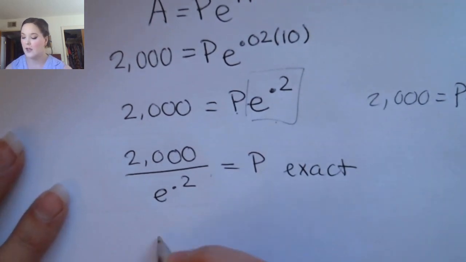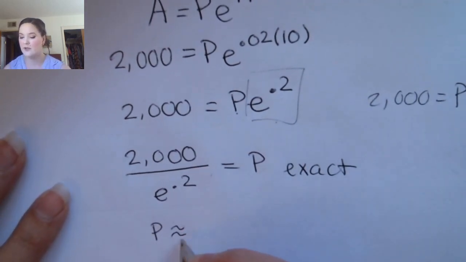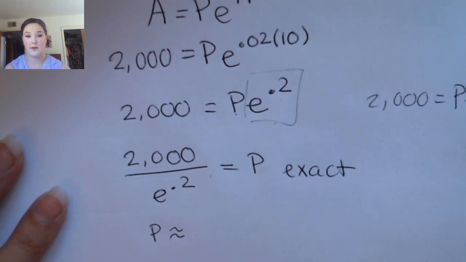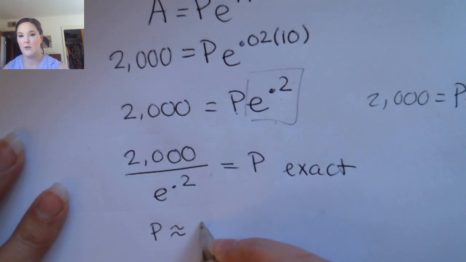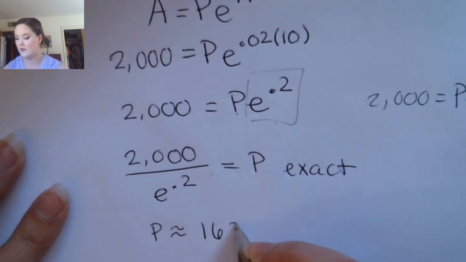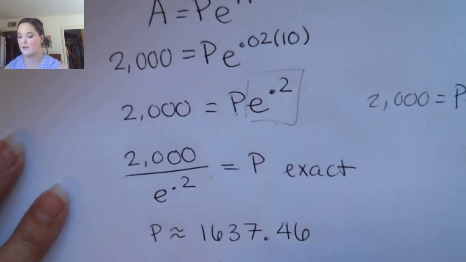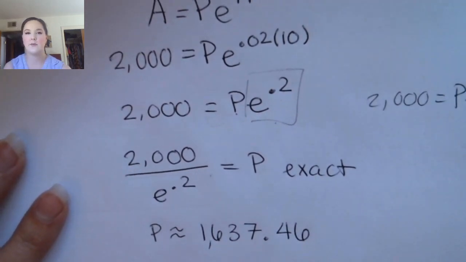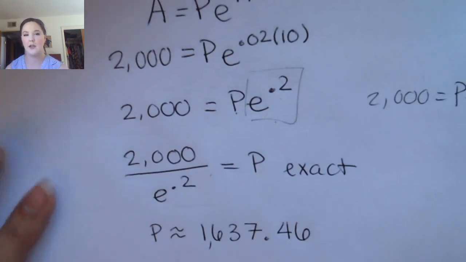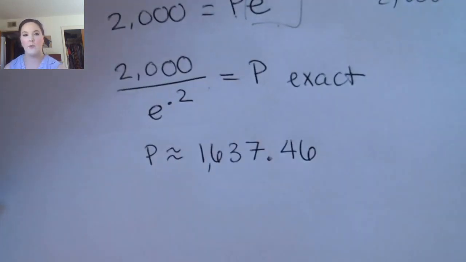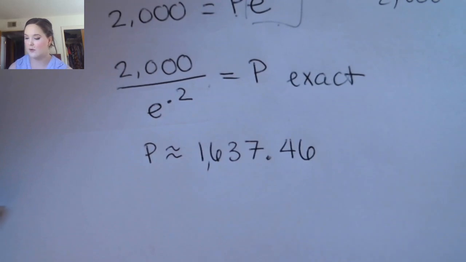Okay, so again, if you want an approximate answer, you need to use your calculator. Okay, so if I do that here, I get 1,637.46. Okay, and 2 decimal places makes the most sense in this example because we're talking about money. Okay, so what would my sentence answer be?